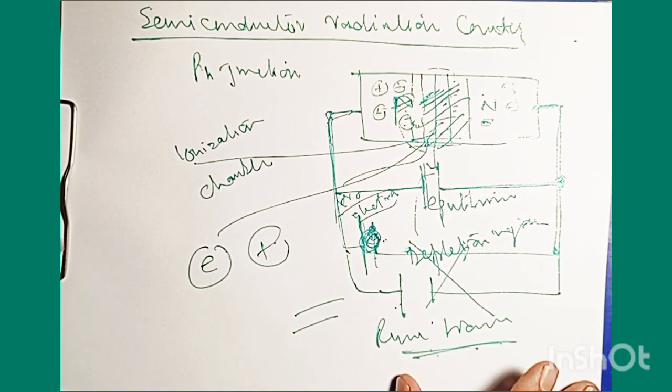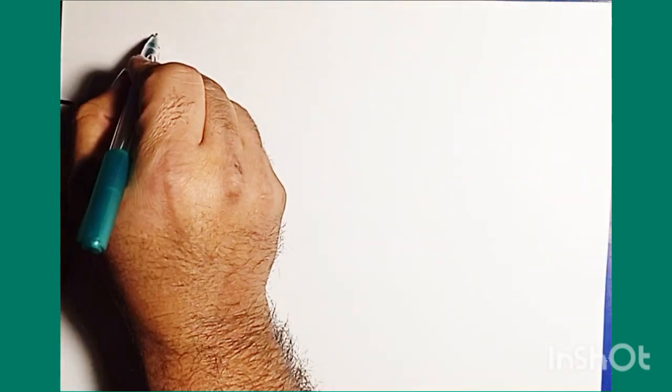Now, if we take an example of a diffused junction detector.